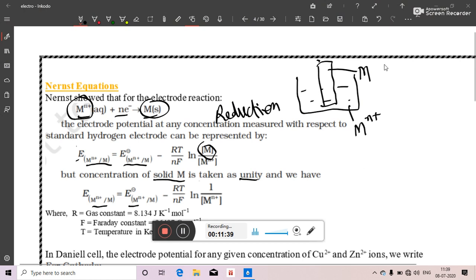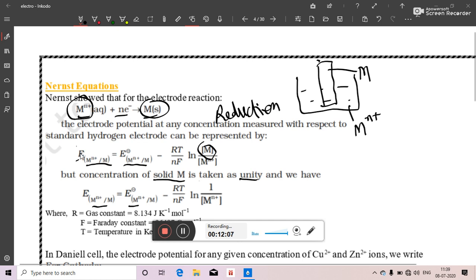In that case, the reduction reaction can be written as M raised to n plus, that is the metal ion, accepts n number of electrons to give the metal atom, that is capital M. So the electrode potential at any concentration is with respect to the standard hydrogen electrode. On the other side, if you take the hydrogen electrode, then we can easily find out the reduction potential.